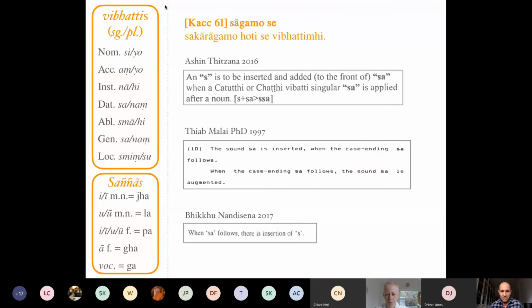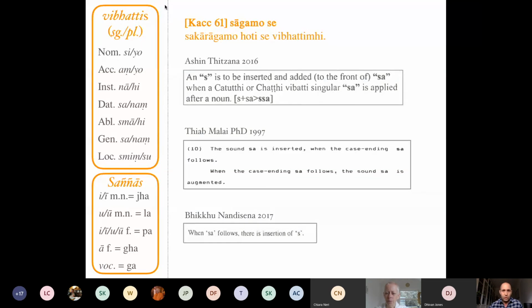So this is the most synthetic translation, which, as you can see, is even shorter than the text that it is translating. Then you can wonder why. And here what Bhikkhu Nandisena is doing is actually simply translating the Vutti, because theoretically, the Sutta Sagamo se and the Vutti Sakaragamo hoti se vipattihi should mean the same.